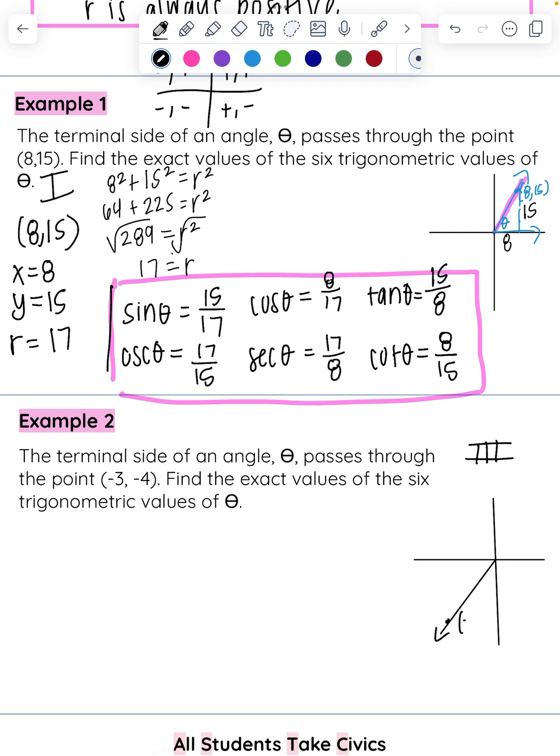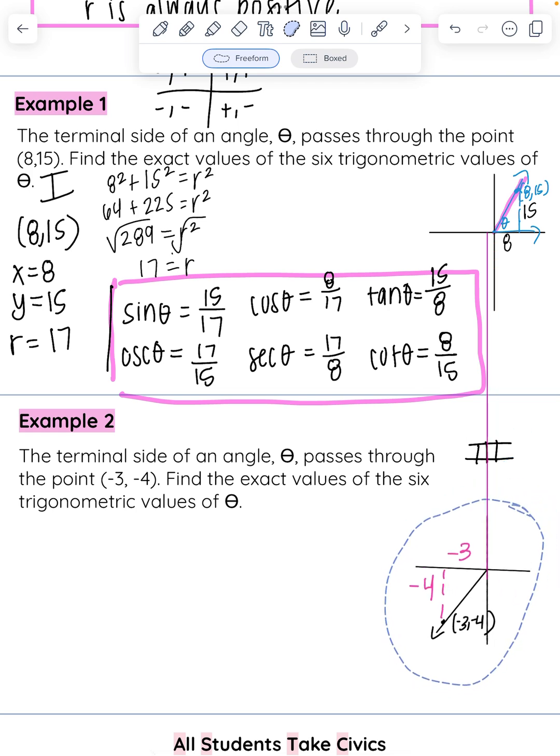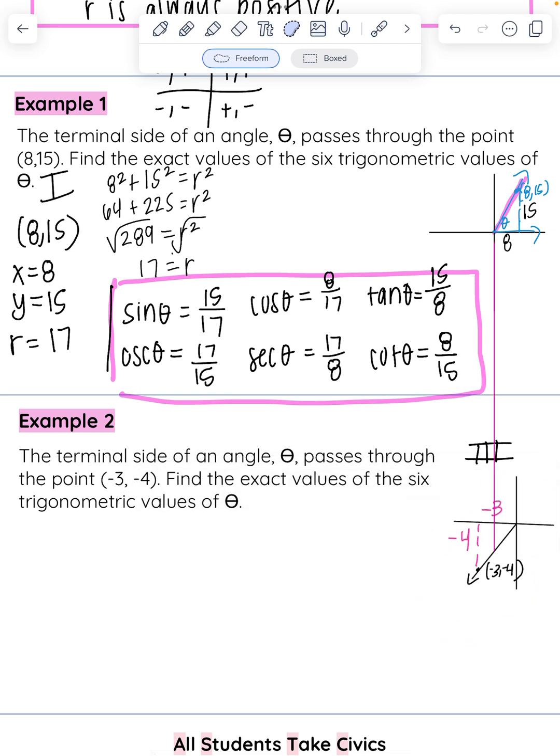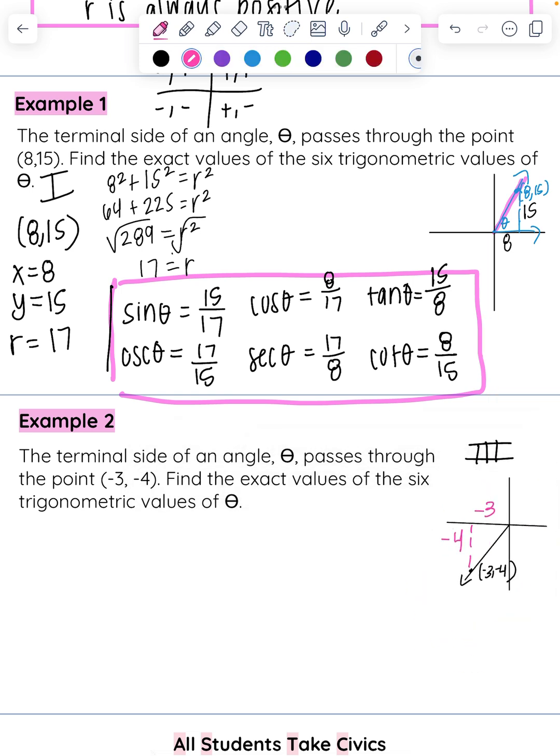You don't have to draw this out, I'm just showing you what's going on here at this point. So I know, given that coordinate point, that x is -3, y is -4. That is a Pythagorean triple, so if you know that's 5 for the hypotenuse, awesome, you don't have to solve. Or if you need to use the Pythagorean theorem to solve for the hypotenuse, that's fine.